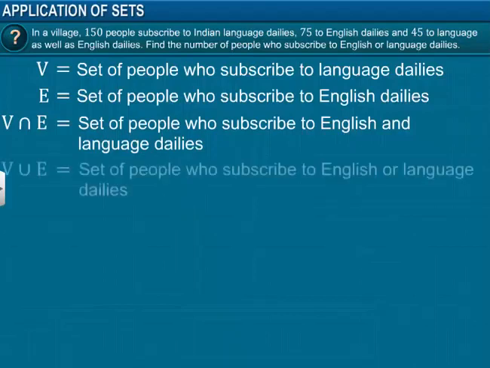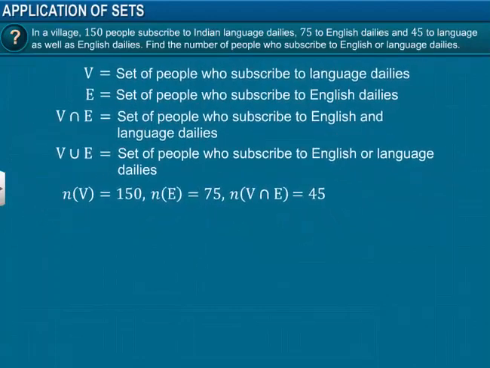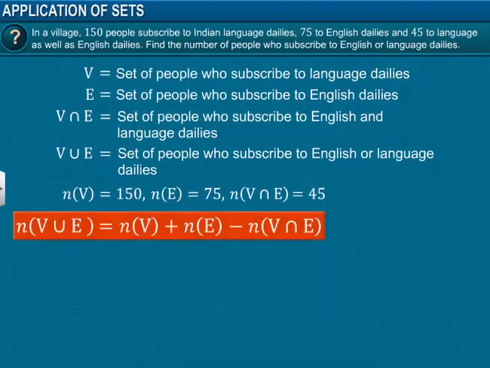We have to find the number of people who subscribe to either English or language dailies. The number of elements in each set is as shown. We will use this relation to find the number of people who subscribe either to English or language dailies. Substituting the values, we get the number as 180.